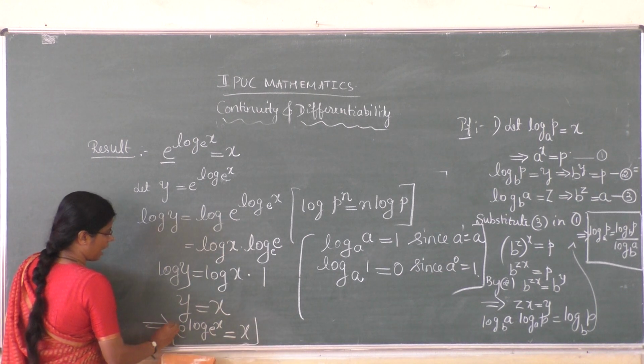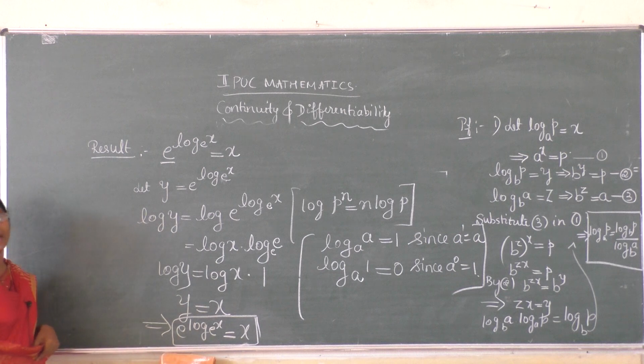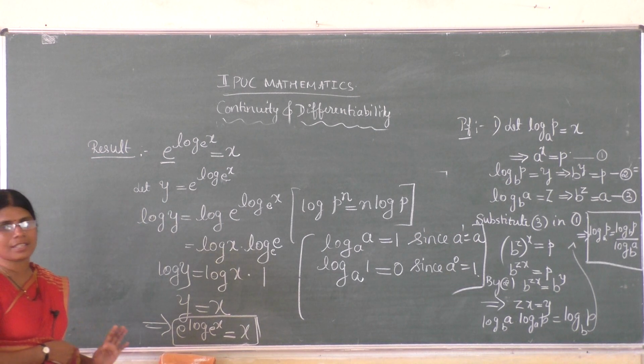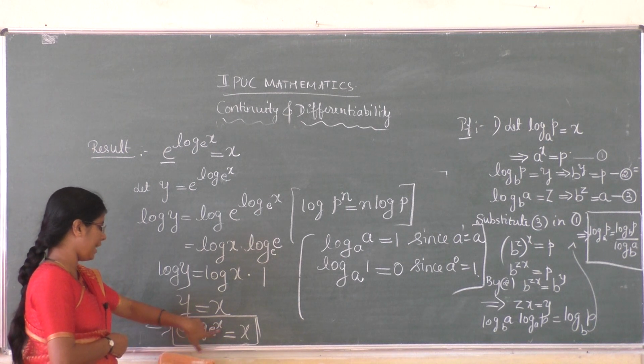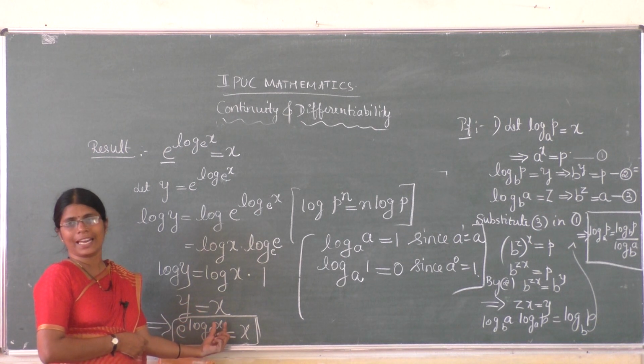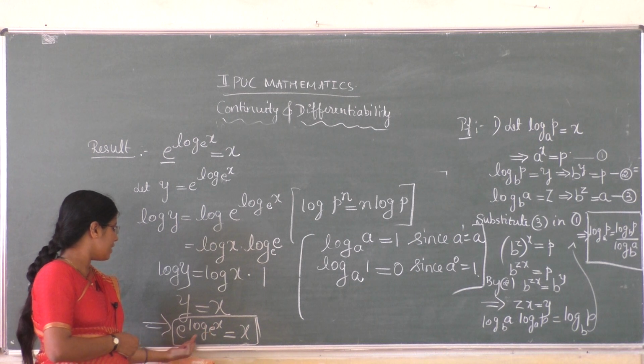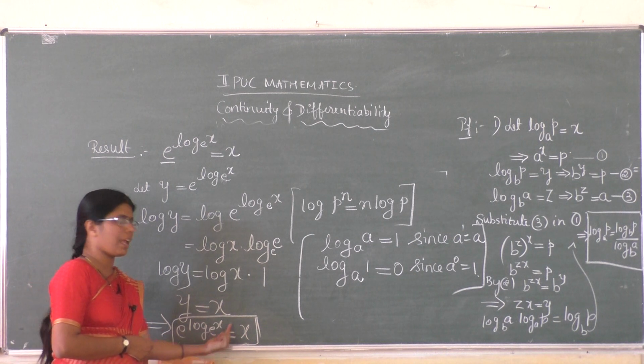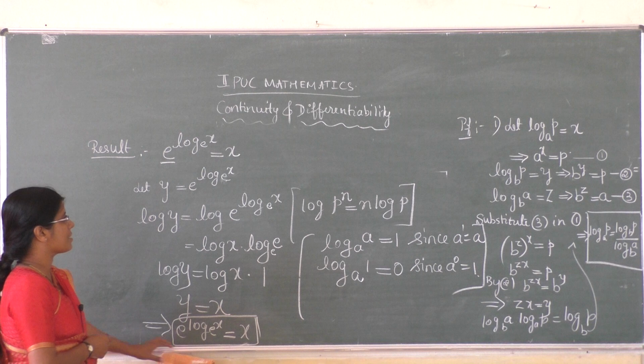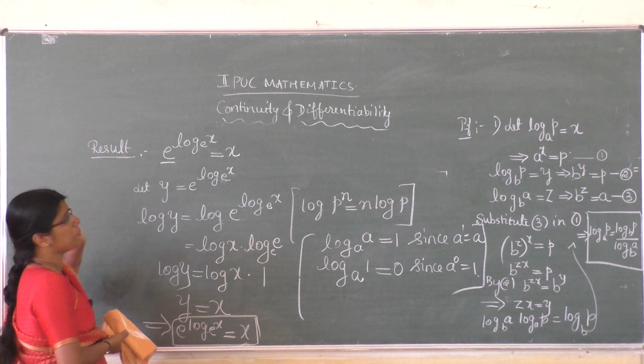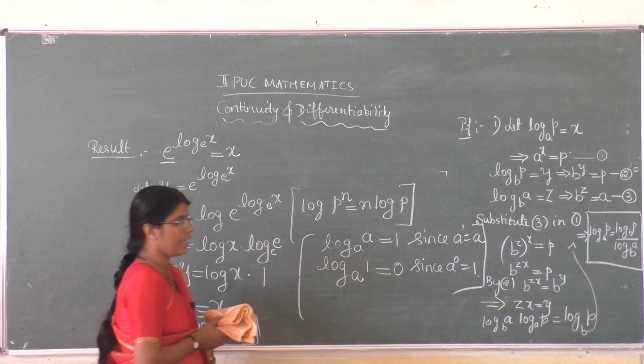Sometimes we have to use this property. e to the power log x is always equal to x. If the base and the base of the log are the same, you get the same function. All these things are important.